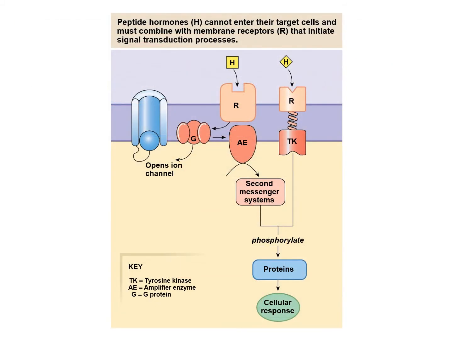Peptide hormones are large enough and aqueous enough that they cannot, I repeat, cannot enter the target cells. So they must have receptors in the target tissue that are cell membrane receptors. They can be G proteins in some cases affecting permeability.